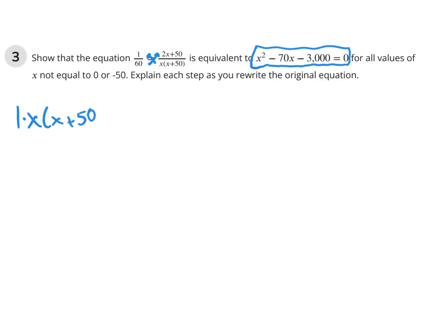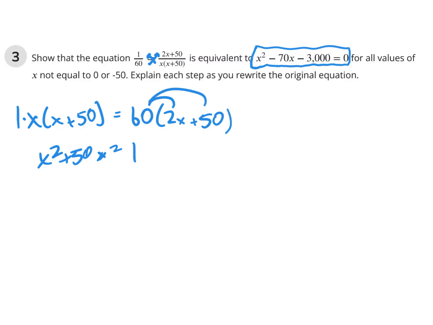And 1 times x is just 1x. 60 times 2x plus 50. We get x squared plus 50x. We distribute. We get 120x plus 3,000.